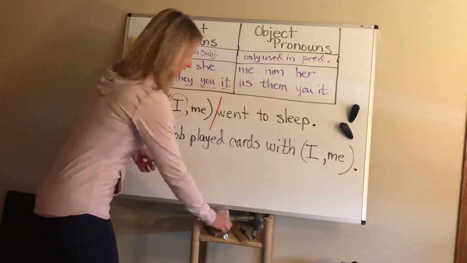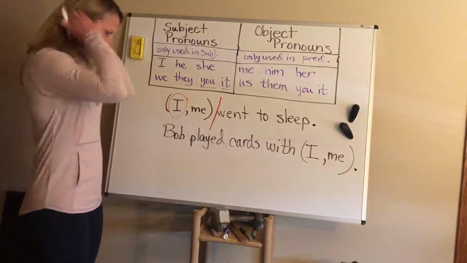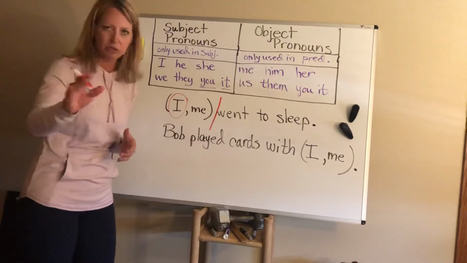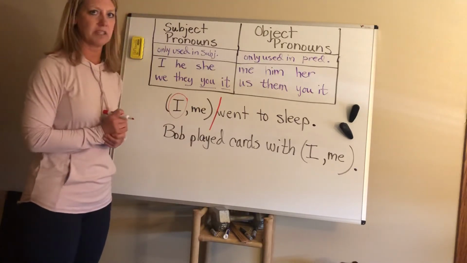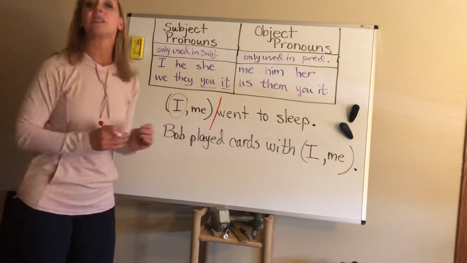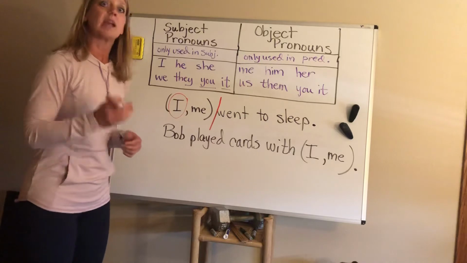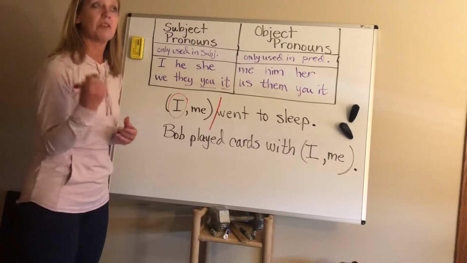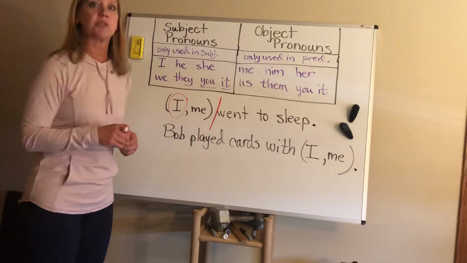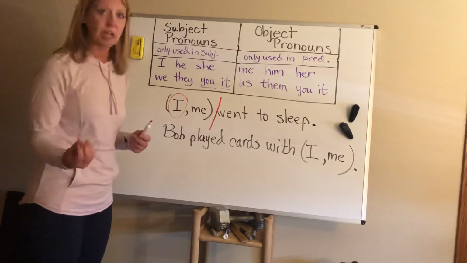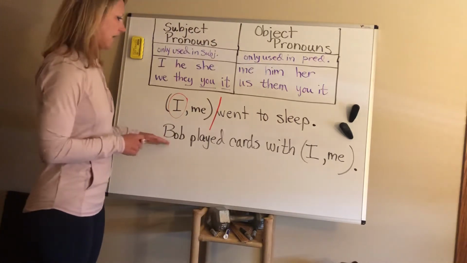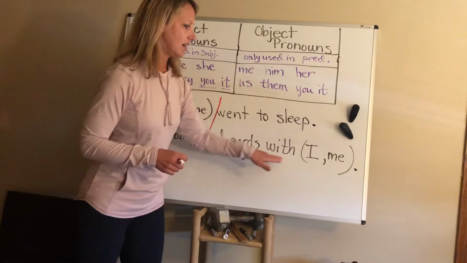So, using what we did before, Bob played cards with, I know you know what the answer is. Again, this is pretty obvious. However, think about if you were explaining this to a younger sibling and what you would tell them about what the reasons were. You would want to use your grammar sense to be able to explain it in an intelligent way instead of just saying, Bob played cards with I.